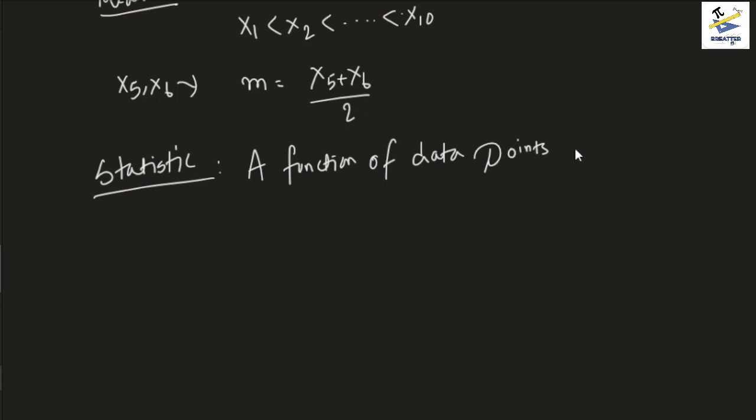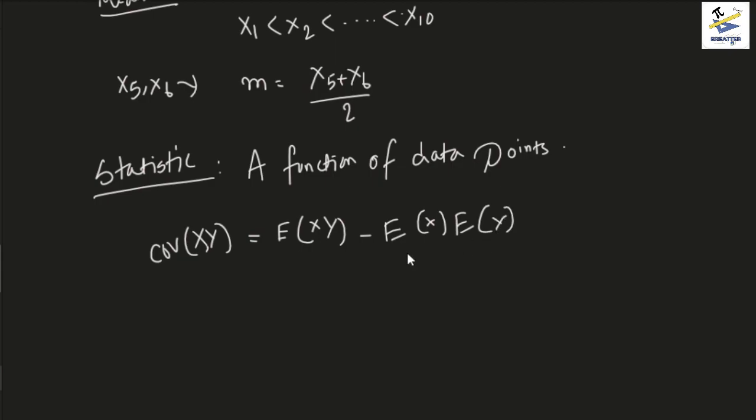So an example of a statistic would be the covariance of x comma y, which would be E of XY minus E of X into E of Y, right?